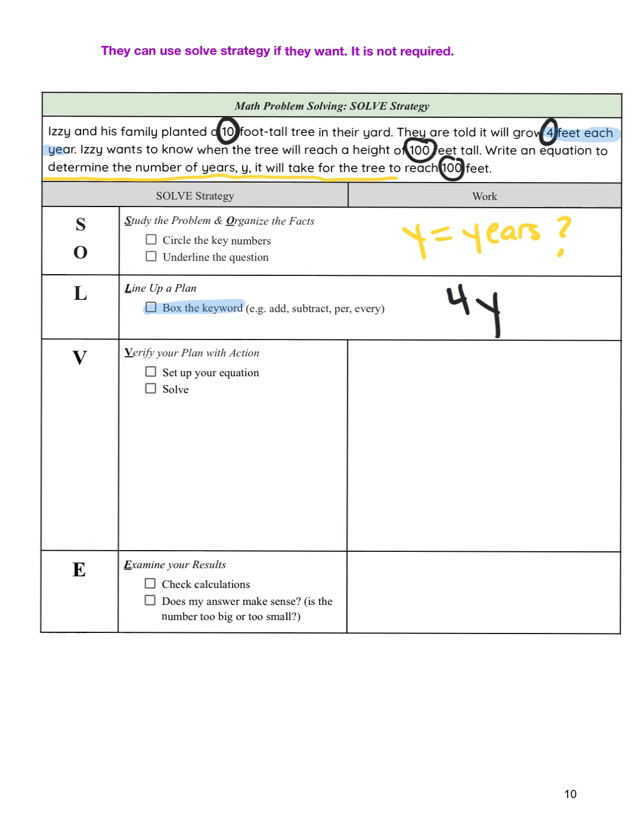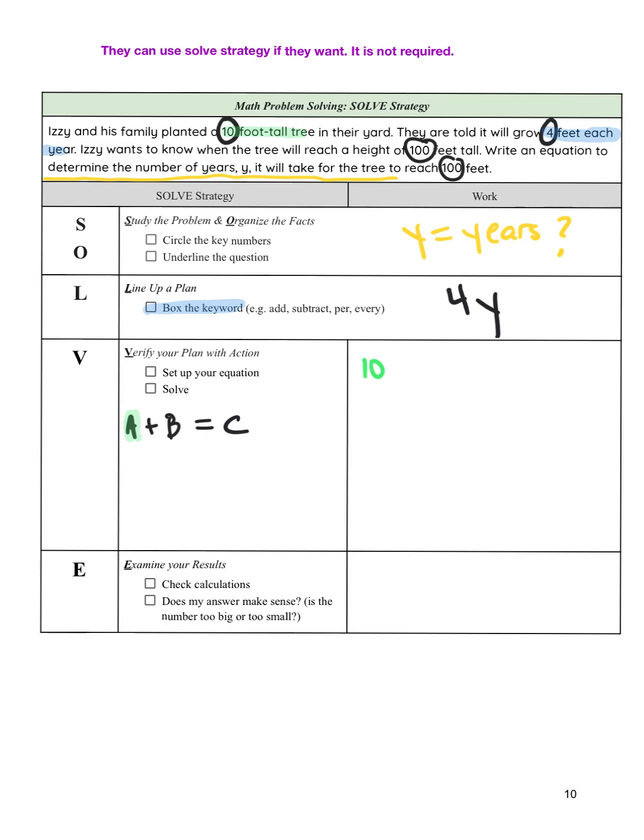And then when we're lining up a plan, you can look at your summary sheet and be like, oh yeah, this is a two-step equation. My two-step equation is the A plus B equals C method. Well, A, that's my starting point. So how much do they start with? Well, the tree starts at 10 feet, so it starts 10 feet.